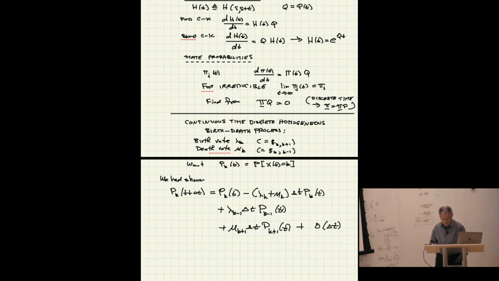And remember, the vector of pi j's we call pi, and then this equation becomes this equation because the derivative of pi goes to 0. And pi goes to its limit, so we get pi Q equals 0. That's somehow the continuous time analog of our good friend pi equals pi P, which we have yet to exploit in our coming work.